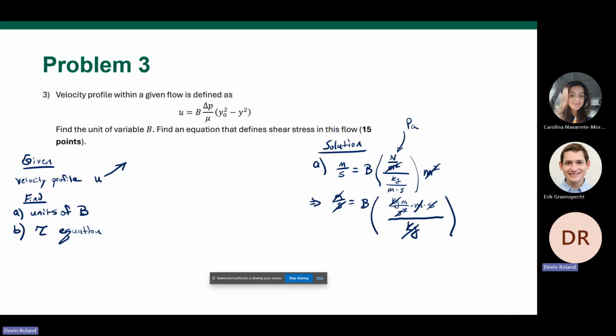So we see that we have 1 meter left, and so this is looking like this. 1 is equal to B times meters, which is going to give a final answer of B is 1 over meters. Okay. So that is the answer to part A.